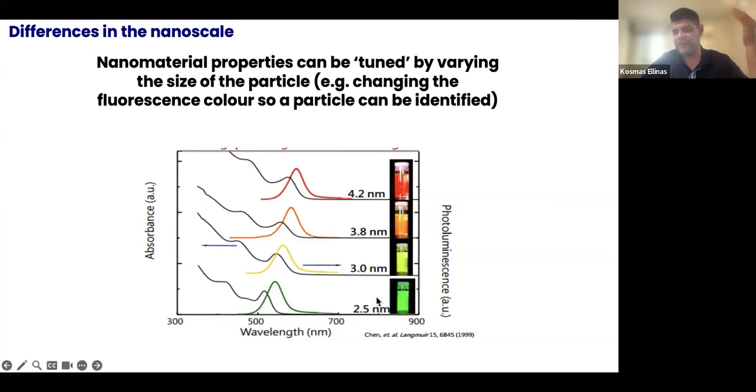Here we can see that depending on the size of some nanoparticles, we can change the fluorescent color. So this provides us quite a flexibility to produce different colors, to detect different things by having objects with different sizes.